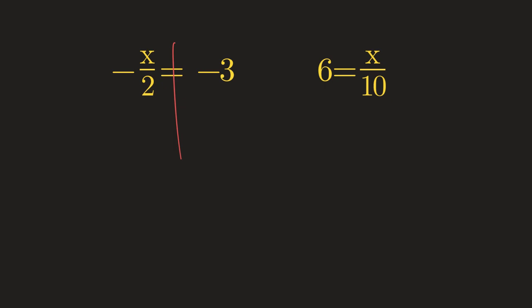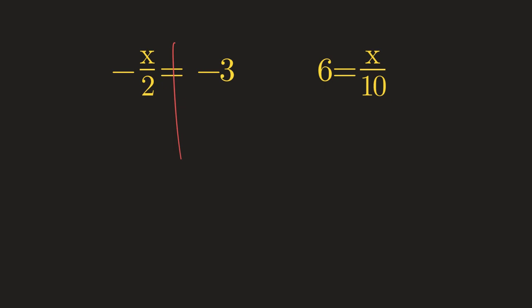All right. What's on the right side? Negative 3. All right. What's on the left side? Negative x divided by 2. Now, listen carefully here. On the left side, you see that negative sign. That negative sign is kind of in the middle of that fraction.